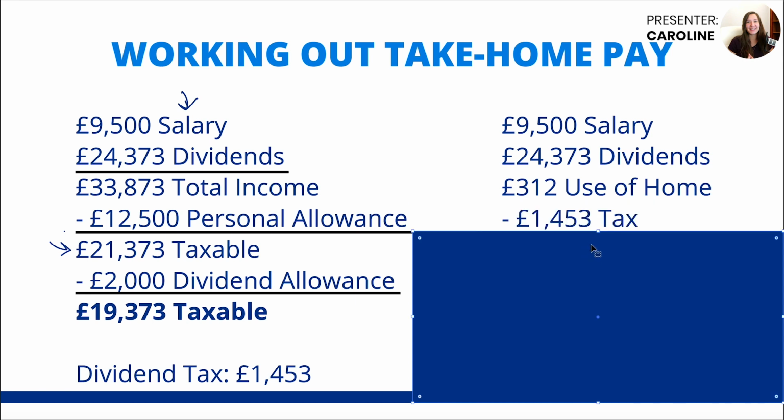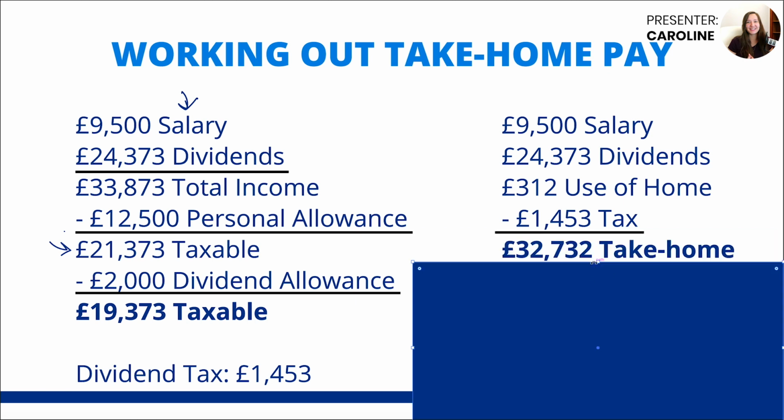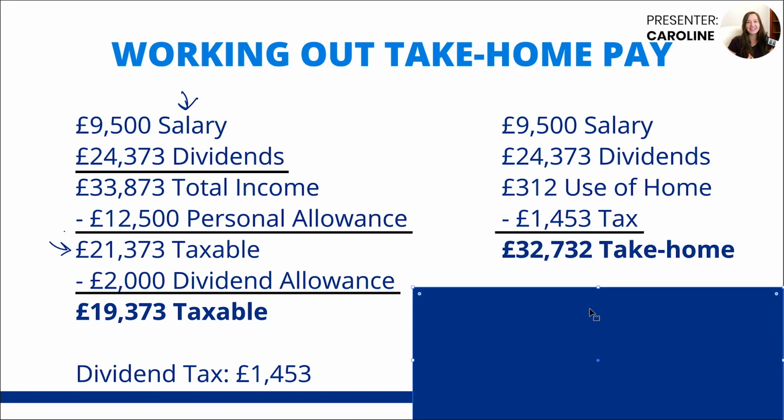And then we take away that dividend tax bill, which is payable once a year on your self-assessment. In some cases, such as this one, if it's over £1,000, there will be something called a payment on account due, which I'll explain a little bit further in the video. So the total take-home pay in this calculation is £32,732 from that initial £50,000.